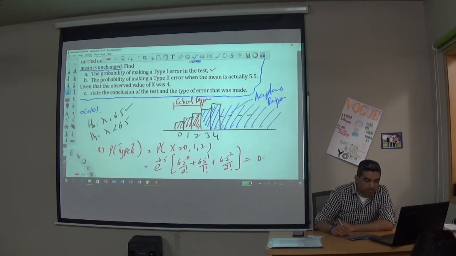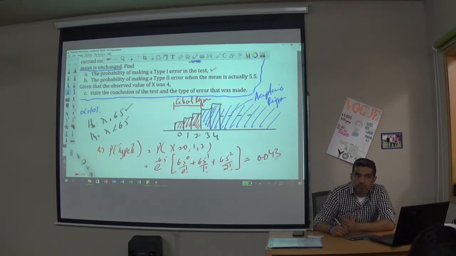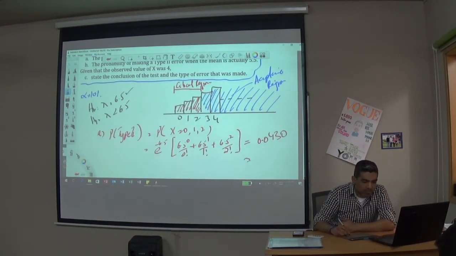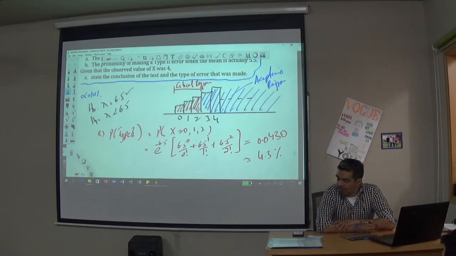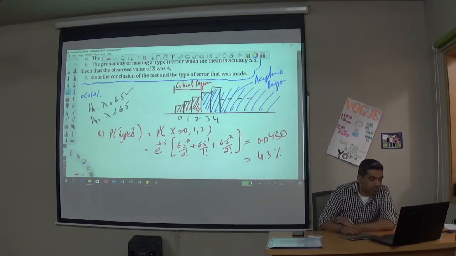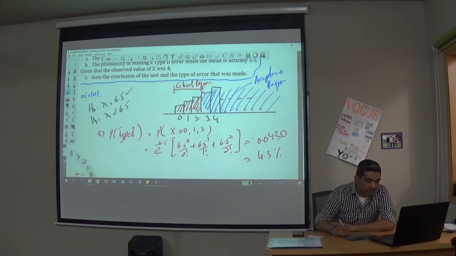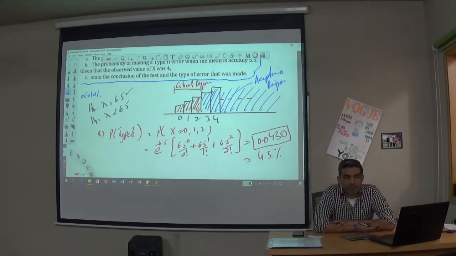The answer is 0.0430, which means it is approximately 4.3%, which is less than 10%. So your probability of type 1 error is basically 0.0430. That's your probability of type 1 error.